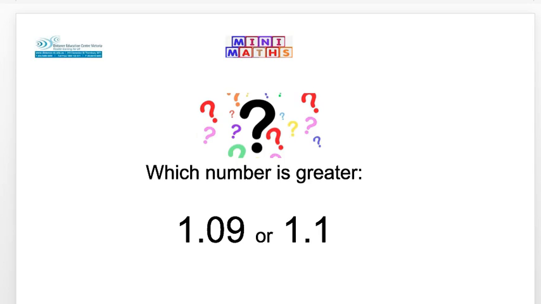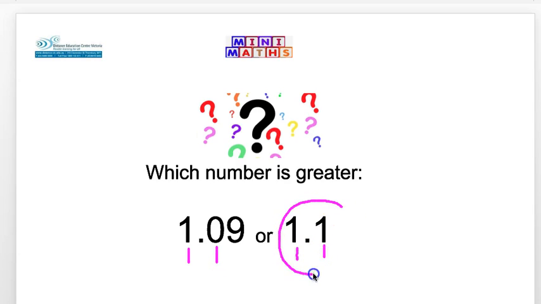We then played a game where we worked out which number is greater. So what we did, we compared the two numbers. And we've got one here and one here. It's all the same. Decimal point, then we've got no tenths, but we have 1/10.